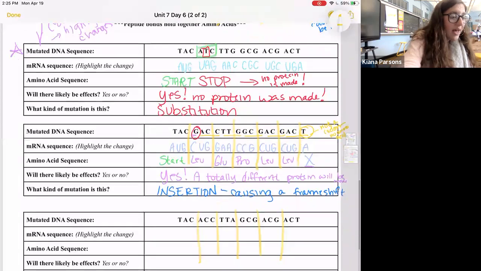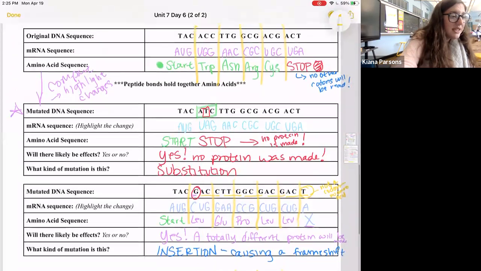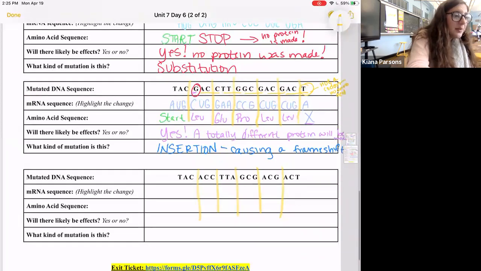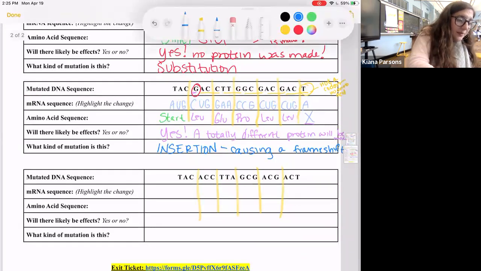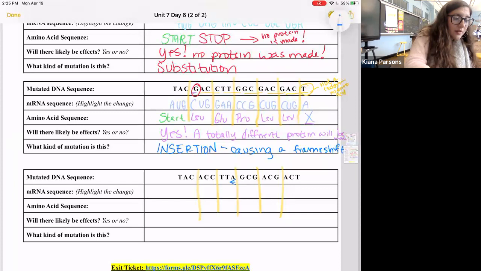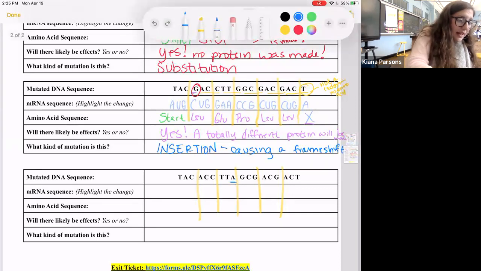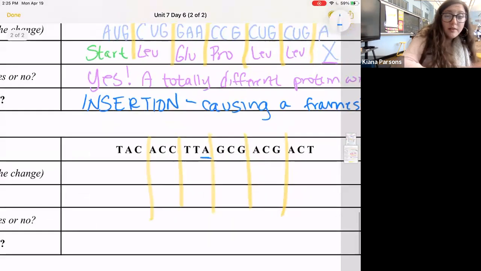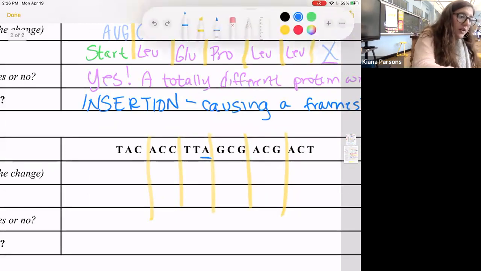So we can go ahead and highlight our one change. We see that TTG becomes a TTA. I don't know why that made a little arrow, but just one base is different. One codon is different.